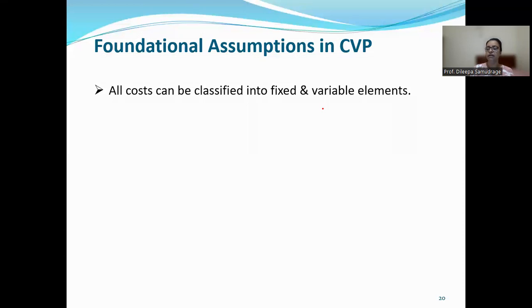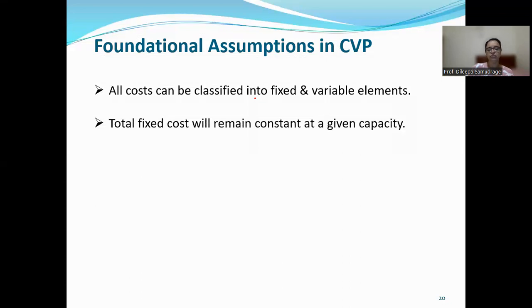When you take telephone bills, electricity bills, or any other bills, you can find both fixed and variable portions in one element. Therefore, we ignore these semi-variable, semi-fixed costs under the CVP analysis. So that is the issue, and that is the first one.